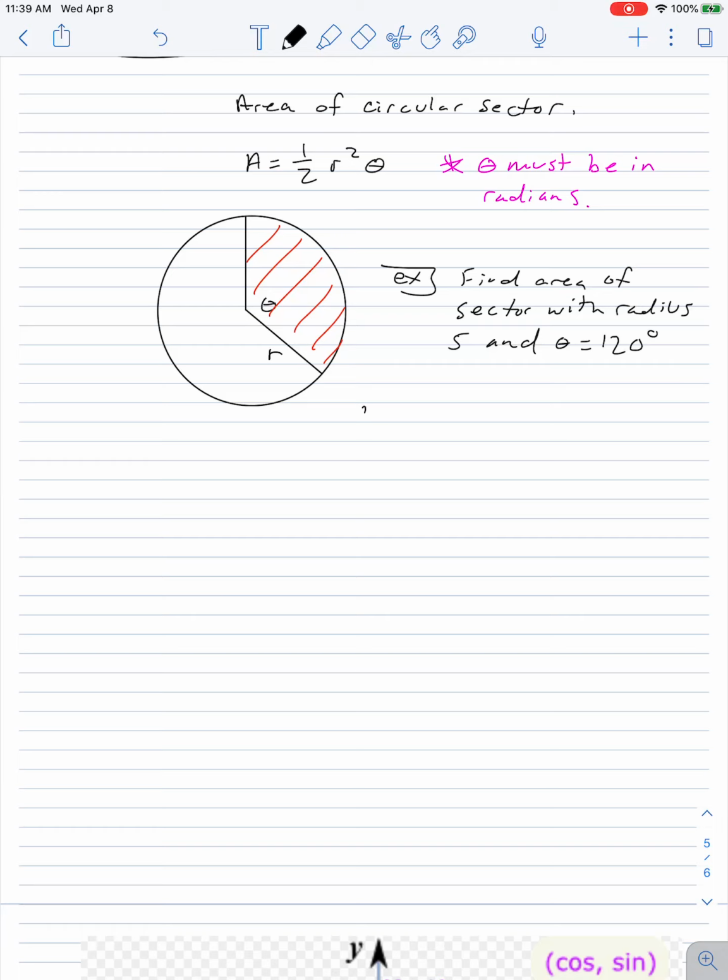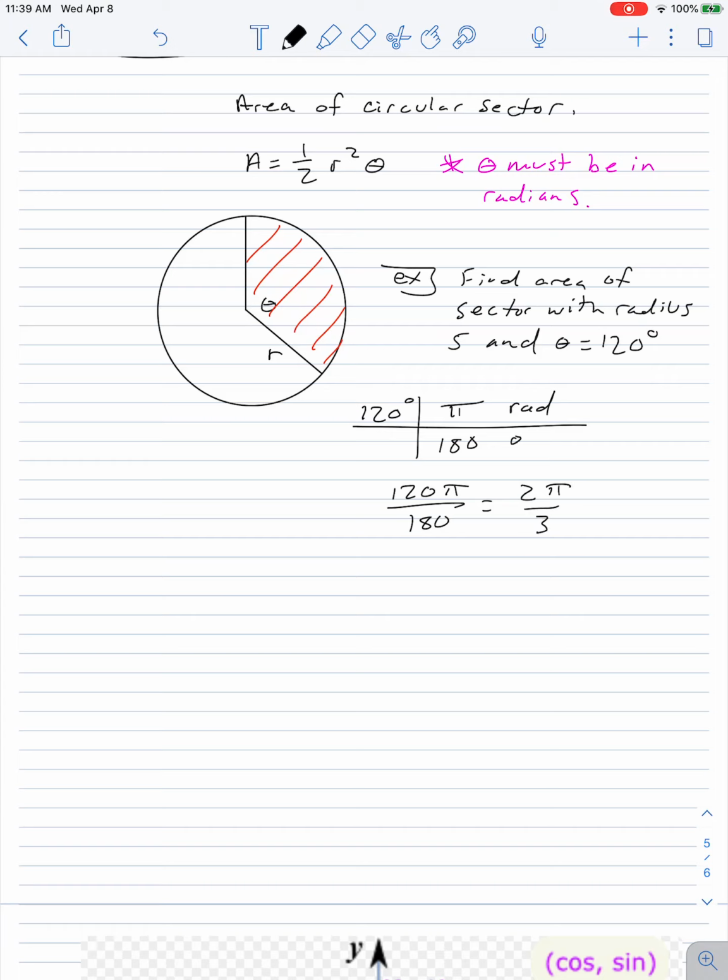So again, first thing is to take 120 degrees and convert it into radians. So I get 120 pi over 180, and 120 divided by 180 in fraction form is going to be 2/3. So this is going to be 2 pi over 3.